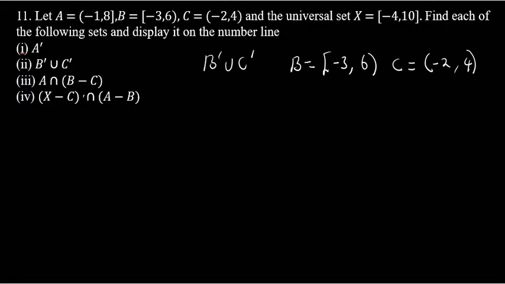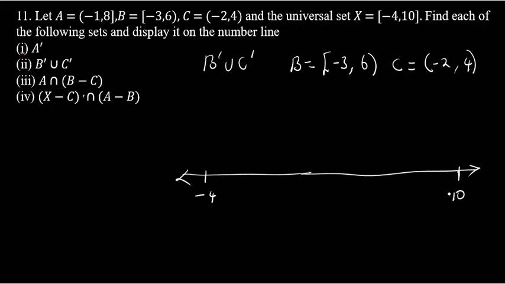So now let's write the number line. Okay, now on the number line, remember the universal set is from -4 to what? To 10, right?